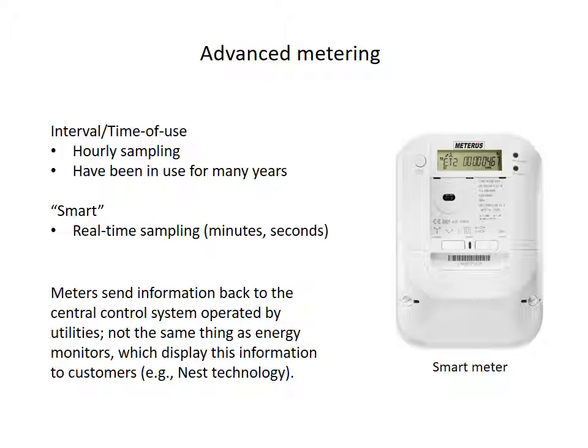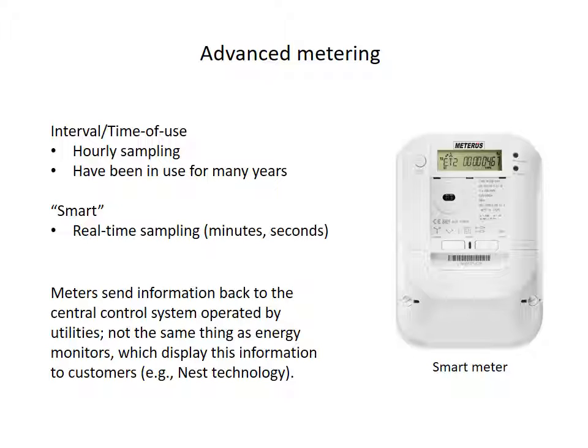So I think we've all heard a lot about smart meters or advanced metering, and there's sort of a difference. Advanced metering is this larger umbrella term, and there are different types of meters that are in use in the United States. But this is one way of understanding on the household level what individual homes are adding in terms of the signal they're sending to utilities in terms of electricity consumption.